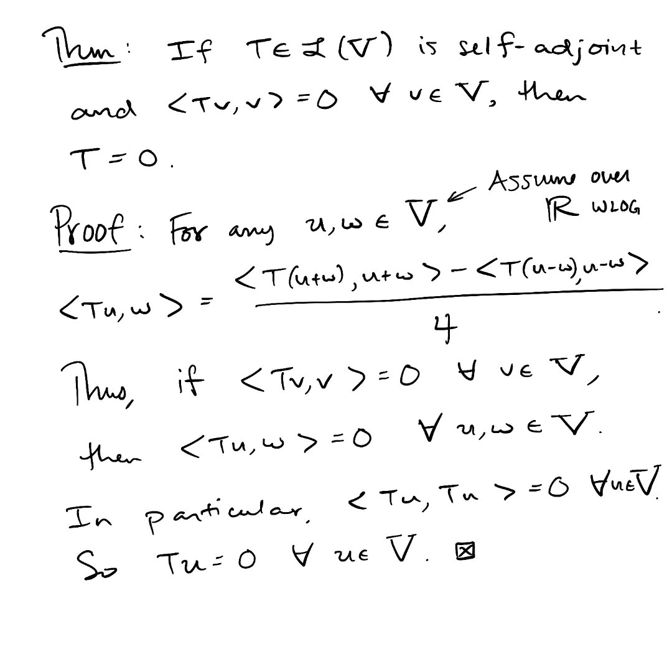It's just you gave up over the scalar field of complex numbers in exchange for this hypothesis. But the conclusion's the same. If Tv ends up orthogonal to v for every v, then T must be 0.